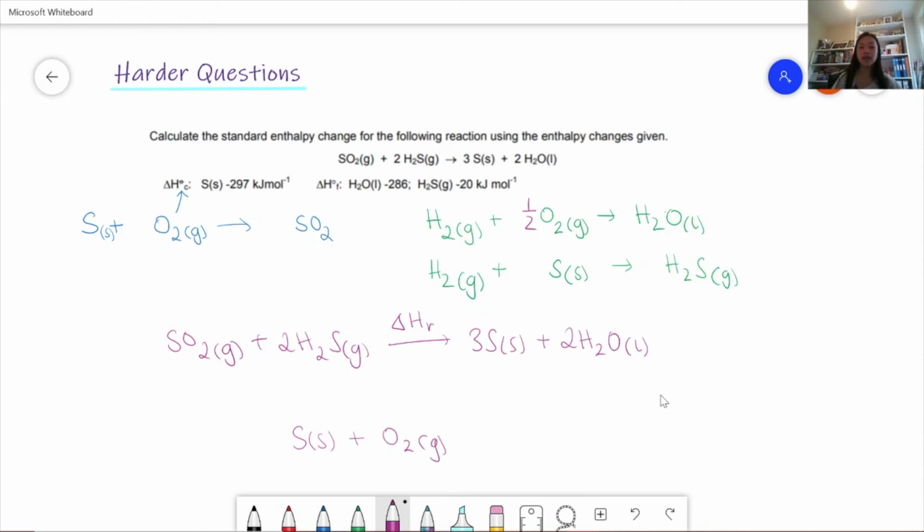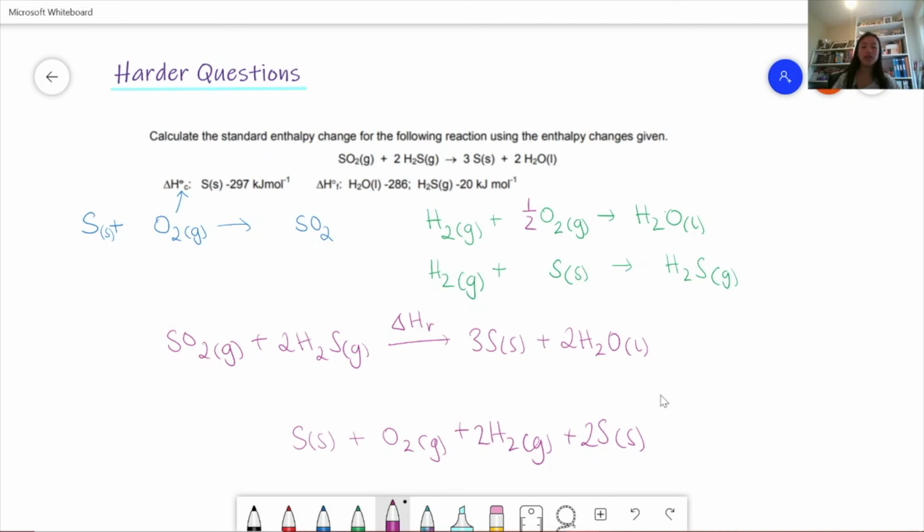And then with this hydrogen sulfide, we can form it using hydrogen and sulfur. So if I add a hydrogen and a sulfur, then we can form hydrogen sulfide. But then we've got 2 hydrogen sulfides, so that means we need 2 of the H2 and 2 of the sulfur. And then looking at this bit, we now have balanced this equation as well.